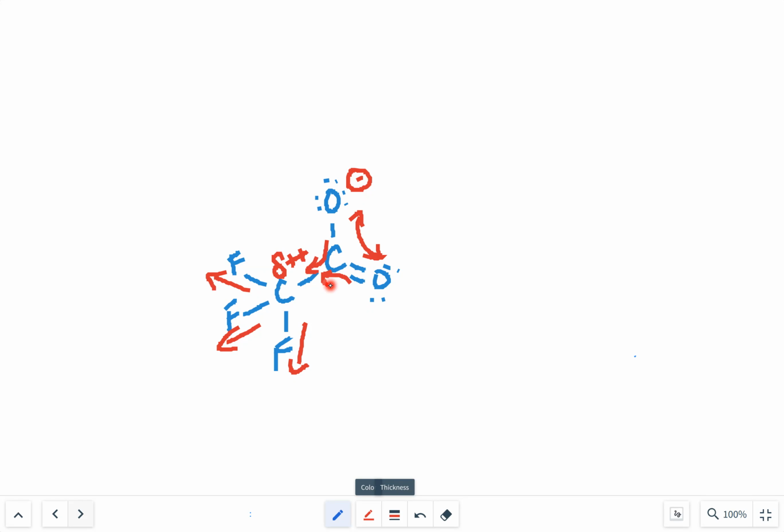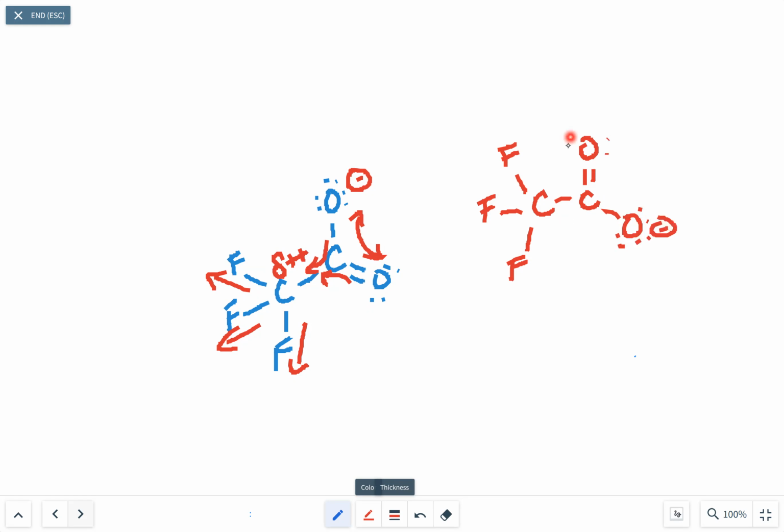So the compound which we had here, I guess would be CF. So this is stabilized through resonance.